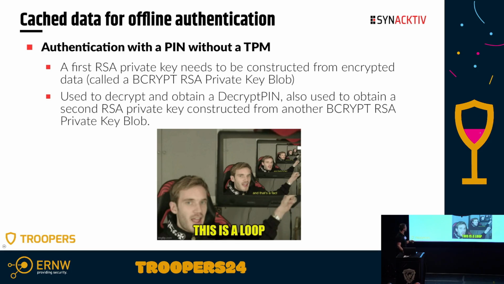It first starts with a first RSA private key, which needs to be constructed from an encrypted blob, and this blob is called a bcrypt RSA private key blob. And thanks to this first RSA private key, we'll be able to decrypt the 15.dat file to obtain a decrypt pin, and this decrypt pin will be used to construct a second RSA private key from another crypto blob.